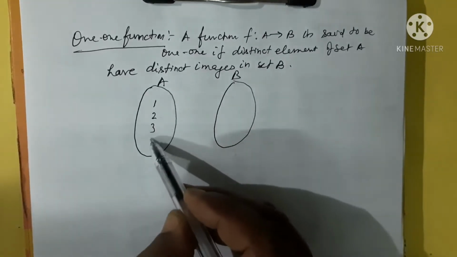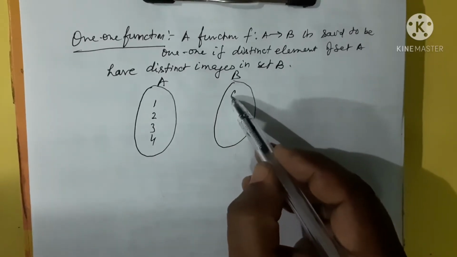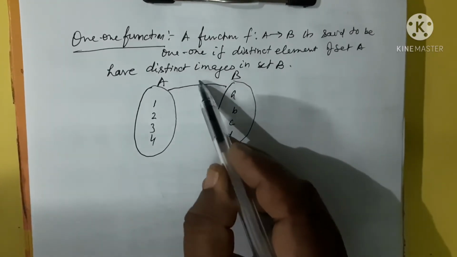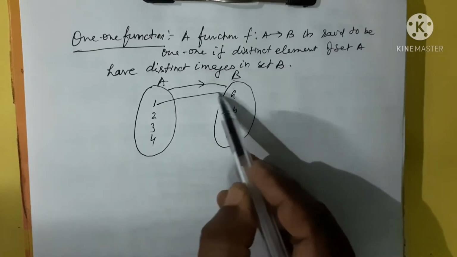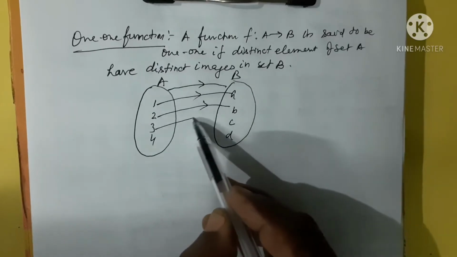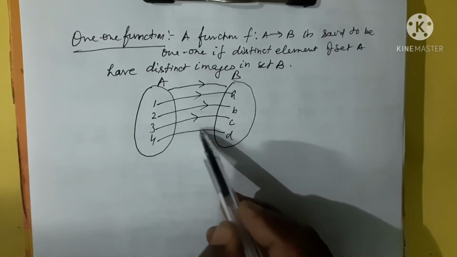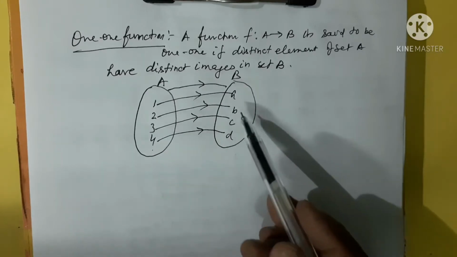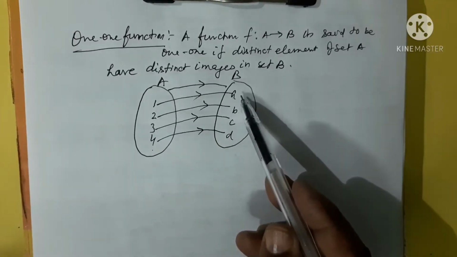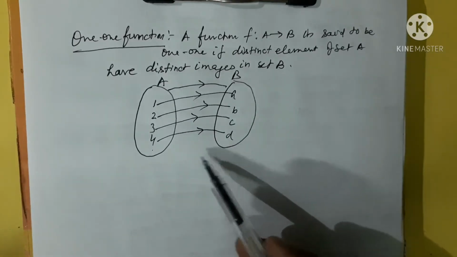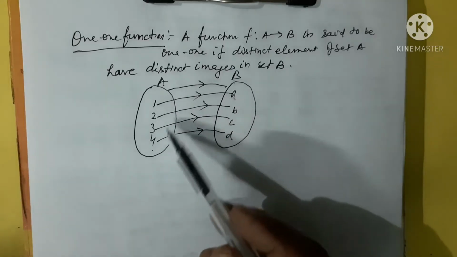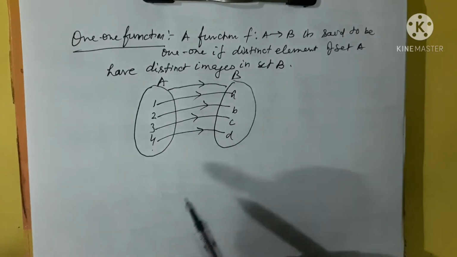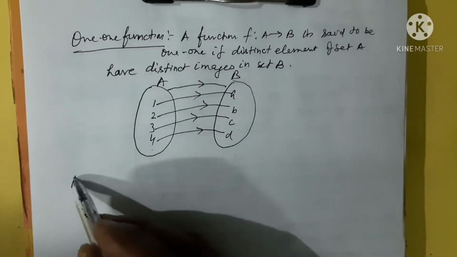Let 1, 2, 3, 4 be the elements of set A and a, b, c, d be the elements of set B. If a function f is defined from A to B and the image of 1 is a, image of 2 is b, image of 3 is c and image of 4 is d, then distinct elements of set A have distinct images in set B. This type of function is known as the one-one function, or this type of mapping is known as the one-one function.